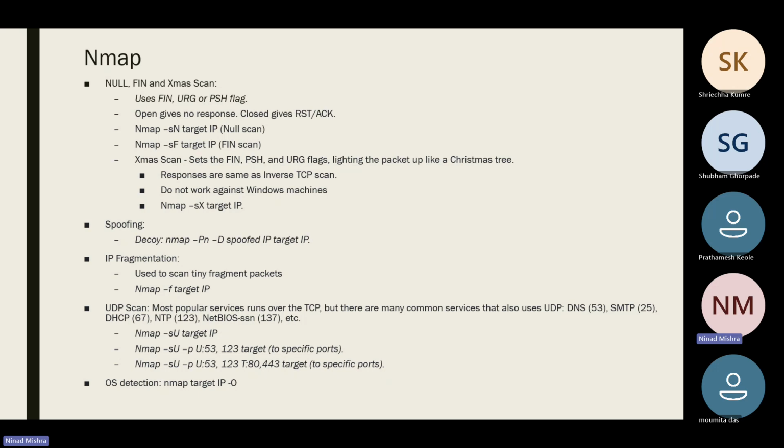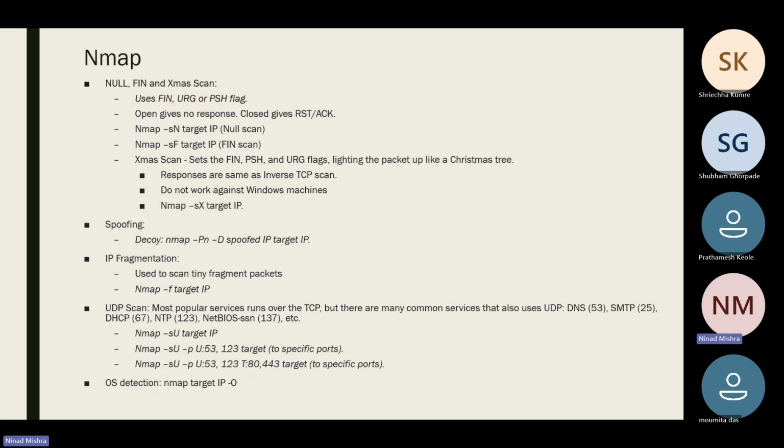As I was saying, for IP fragmentation, the attacker will break down the packets into multiple packets, which will basically be difficult for the recipient or the organization to catch this attack or scanning that is happening.